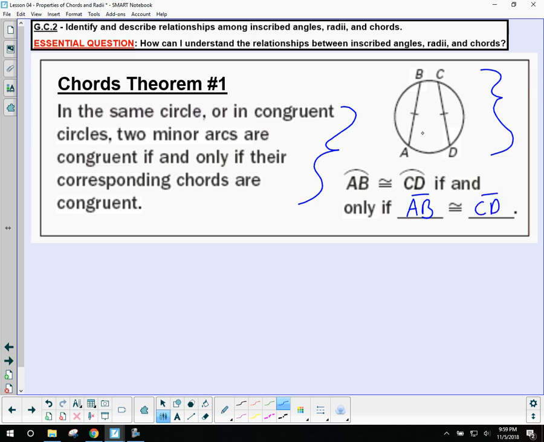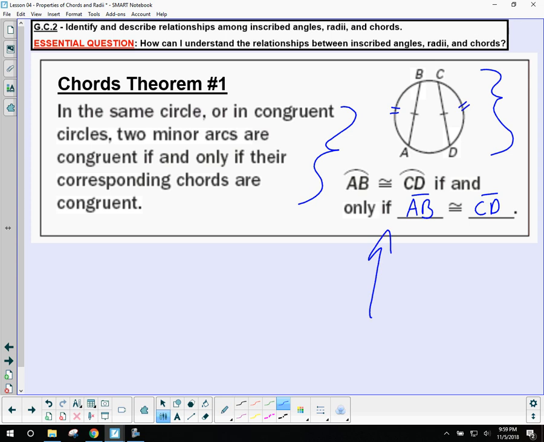I might even argue, put some tick marks here to show the arcs are congruent. Pause the video, jot this down. You may need to make corrections on that worksheet I gave you, or you may just want to straight up copy this. Not 100% sure, but this is the main idea.